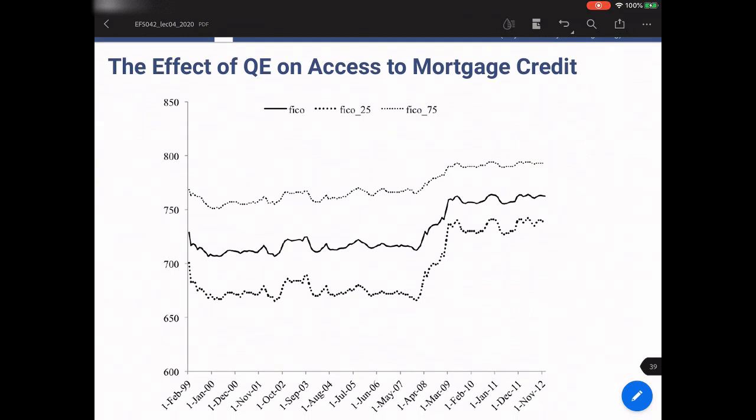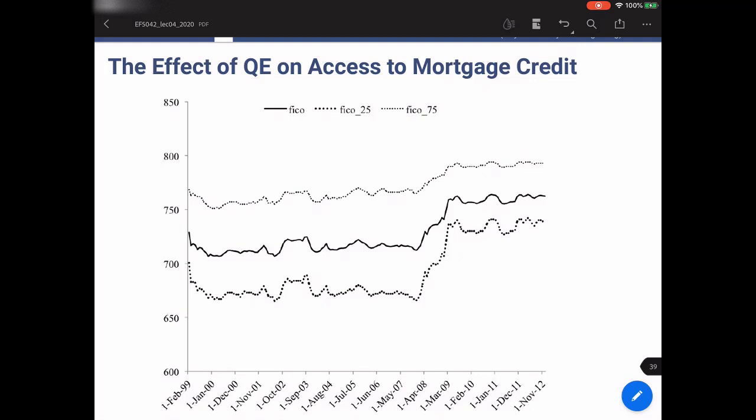Okay, so the question you should be asking yourself is, at least from the household's perspective, does QE actually provide easier access to mortgage credit? So maybe you didn't over-leverage, and you were fiscally responsible as an individual. Does QE actually help you secure better credit in these times in which credit is much easier to access?